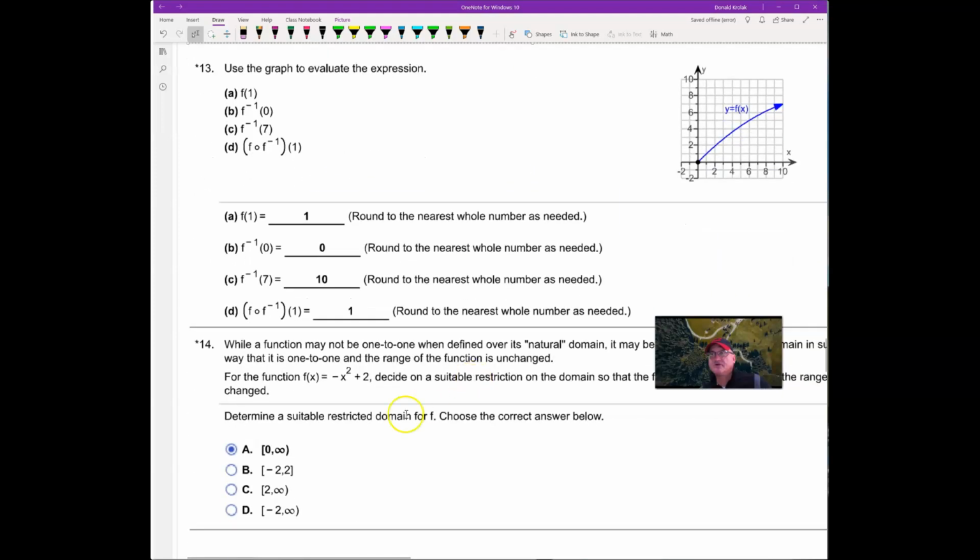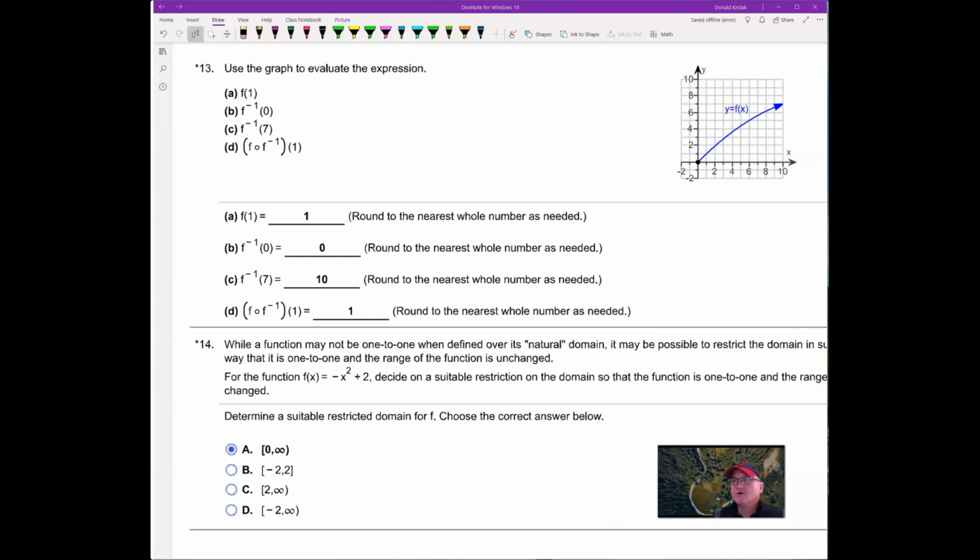Okay, use the graph to evaluate the expressions. Okay, so this is the original graph here. So here are the points that I'm looking for. On this one here, I'm looking for the y coordinate when x is 1.